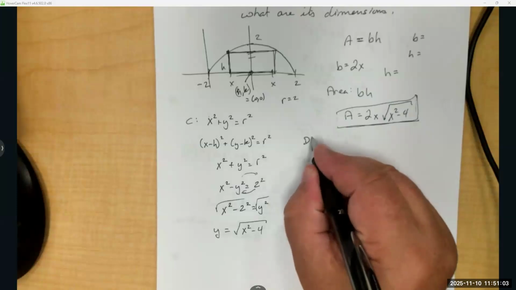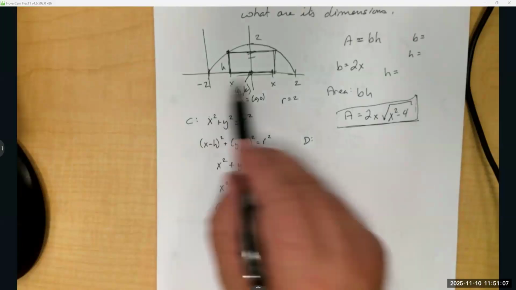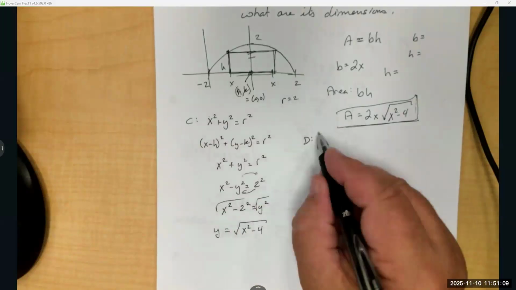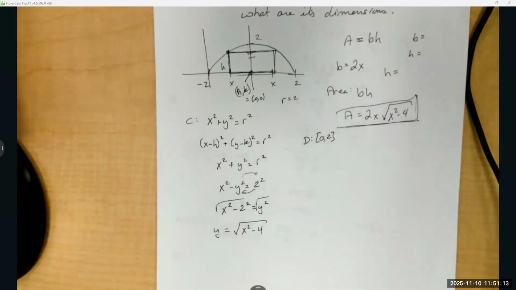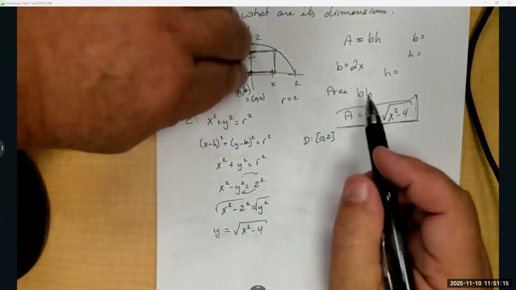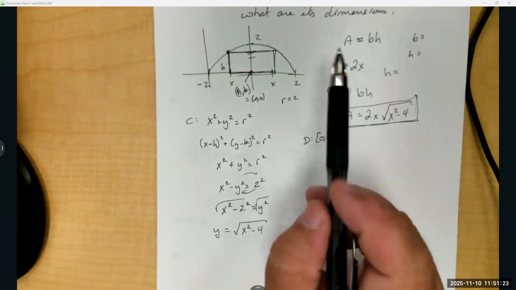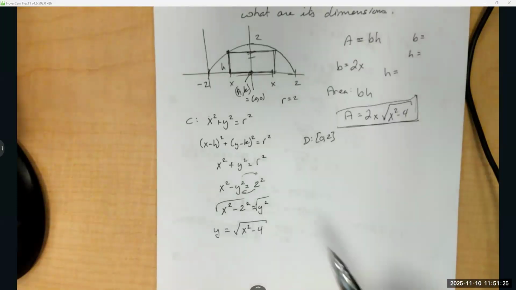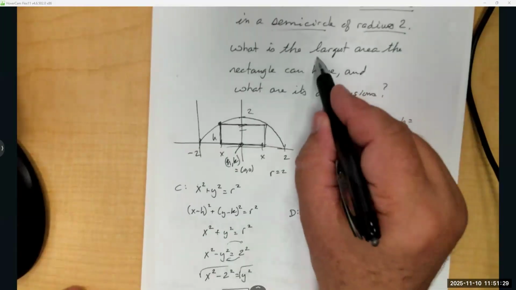We know my domain. What's the domain? We could look at from -2 to 2. Let's just keep it simple. Let's keep it from 0 to 2, in the first quadrant. All right. So since we're looking for the largest area, how do we find the largest area?